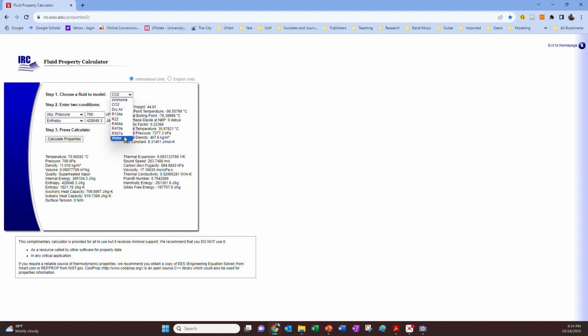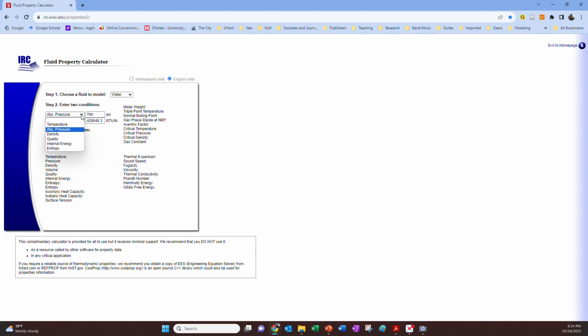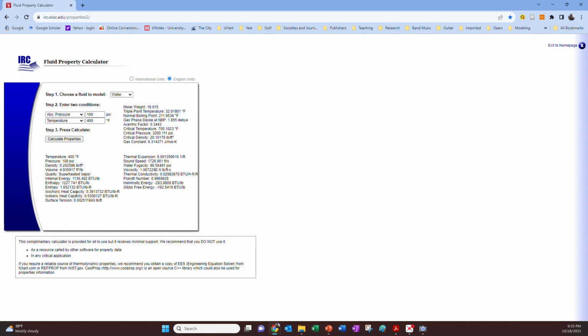We can go to water here, go to English units and go to absolute temperature and pressure. So what do we say? 100. And in this case, we want temperature, and the temperature is going to be 400. Now calculate properties. It's interesting to me that they're not exactly identical.